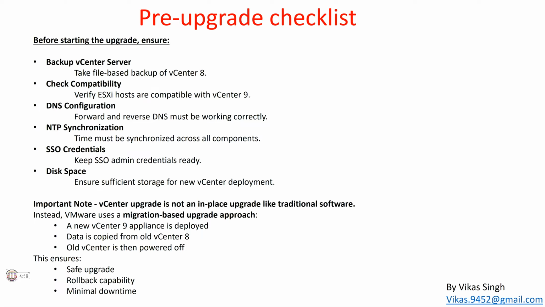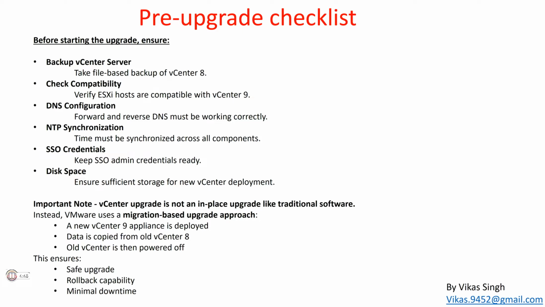You don't have to do too many things, but you need to make sure of a few things before going for the upgrade. These are the pre-upgrade checklist. Backup your vCenter: take a file-based backup of your vCenter 8, so if something goes wrong you can restore or recover it. Check compatibility: verify ESXi hosts are compatible with vCenter 9.